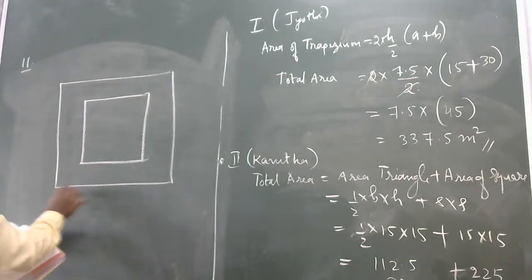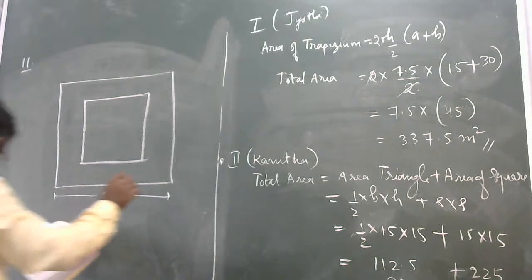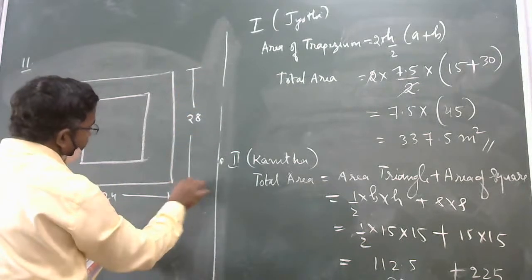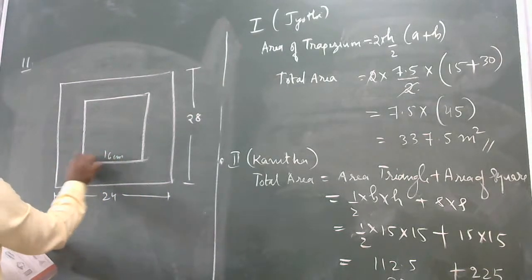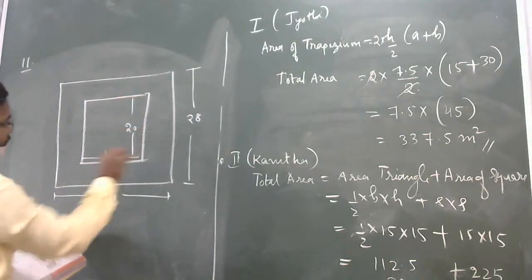The outer dimension is 24 by 28 and the inner dimension is 16 centimeters by 20 centimeters.